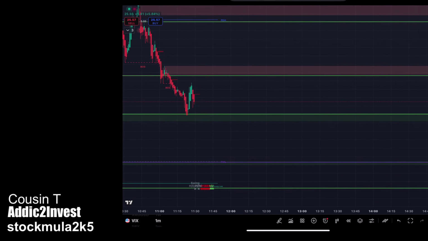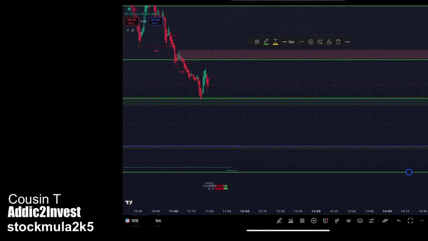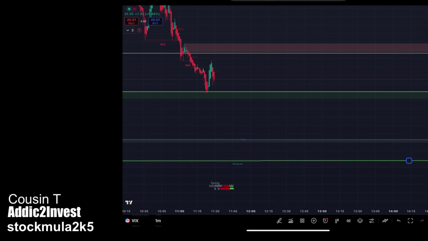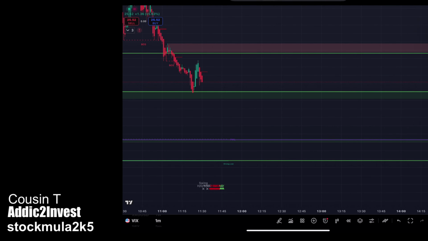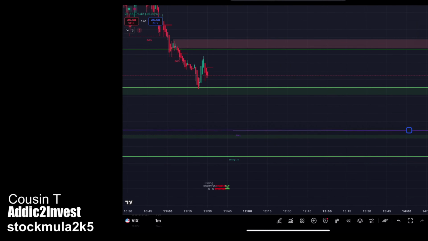If VIX wants 25, that's a long way though. If VIX wants 25.41, before it gets there it'll have to break, but it could bounce there, I should say, because it's sitting in the demand zone.